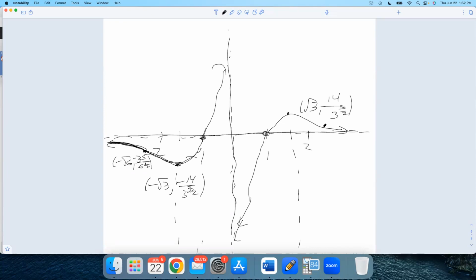So from this point, which I'm going to label root 6, positive 35 over 6 to the 3/2 power. From here on, we are concave up. And for this whole region here, we are concave down. I'm trying to trace over all of that.